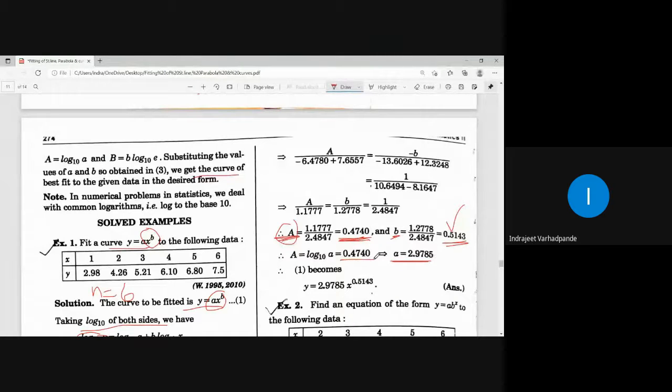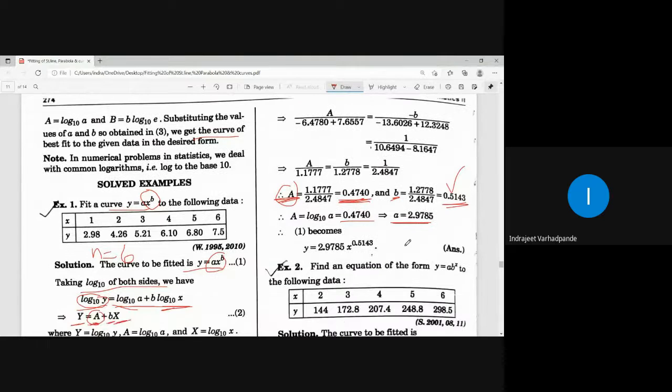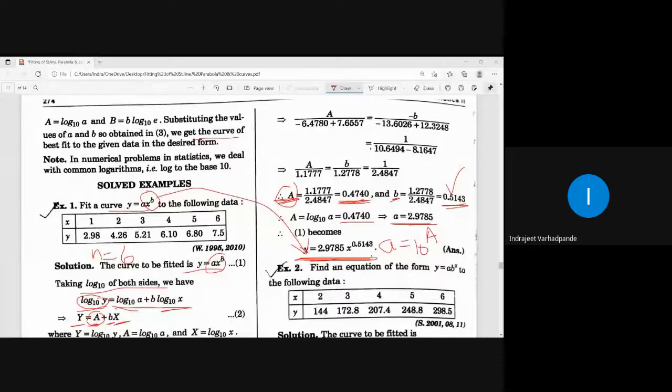If capital A is 0.4740, then what will small a be? 10 to the power capital A, 10 to the power 0.4740, will be 2.9785. Now I have small a and small b available. Substituting them in the given original curve will give you the best fit equation for the power curve.